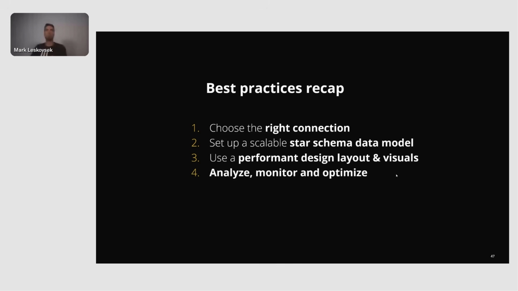And in the end, we can use some very good tools to analyze, monitor, and of course, optimize the entire thing for scale up, right? And by following these steps, you will ensure a robust reporting structure that will perform to modern standards and your expectations. So those are our recommendations for performance.